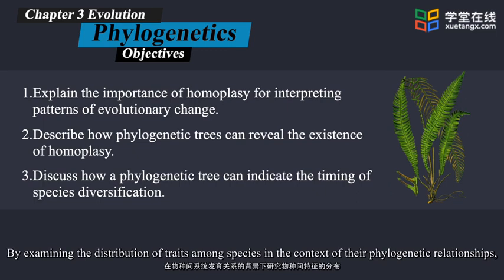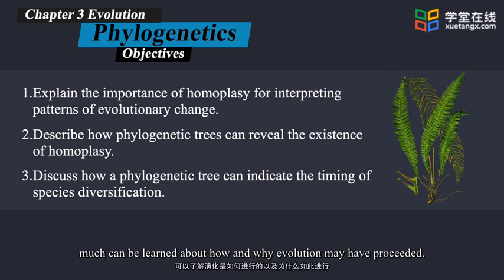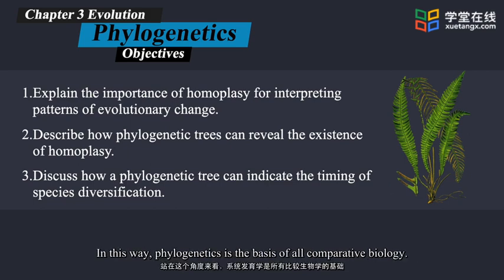By examining the distribution of traits among species in the context of their phylogenetic relationships, much can be learned about how and why evolution may have proceeded. In this way, phylogenetics is the basis of all comparative biology.